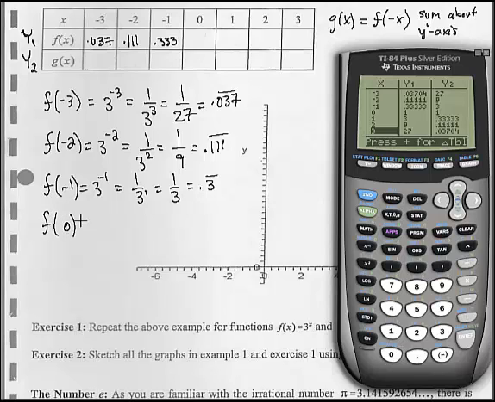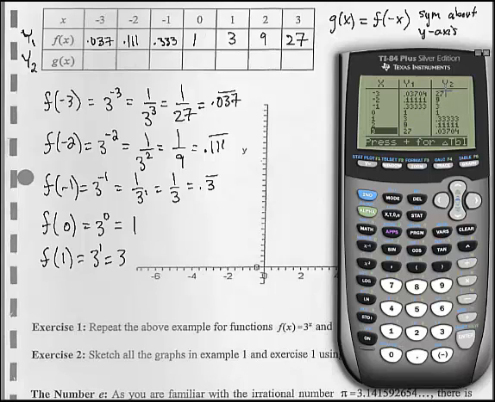Now we have f of 0. Anything raised to the 0 power is 1. F of 1 would just simply be 3 to the first power, which is 3. And then we have 3 squared, which is 9, and then 3 to the third, which would be 27. And this is exactly what we have in our y1 column from our calculator.